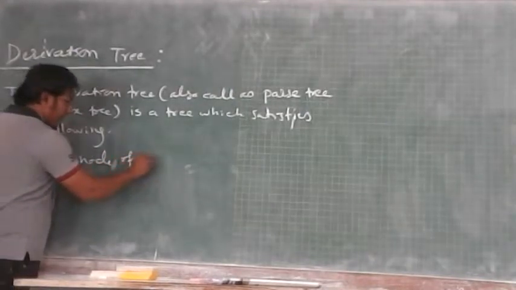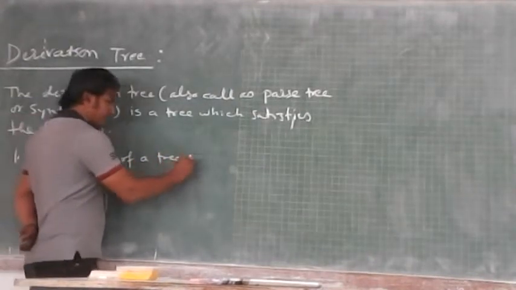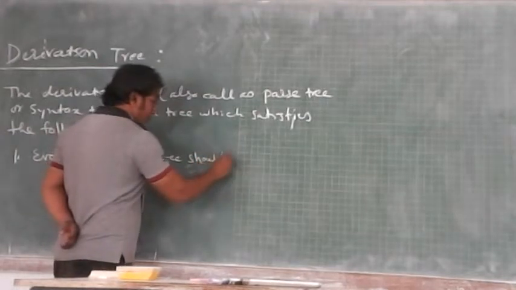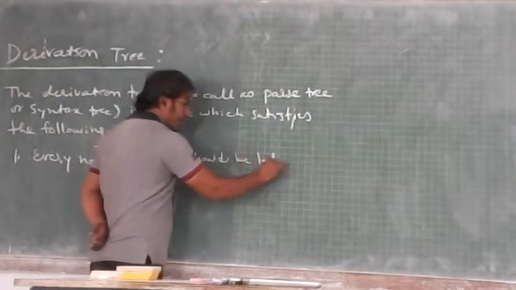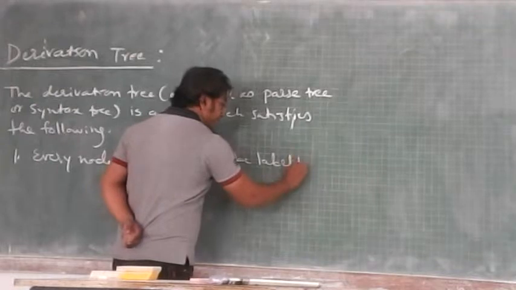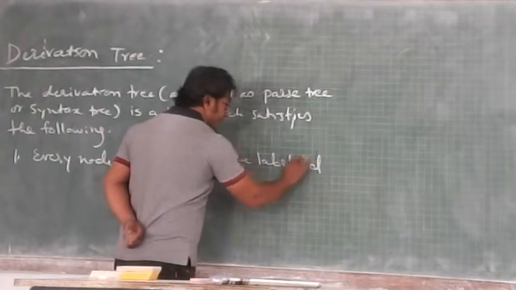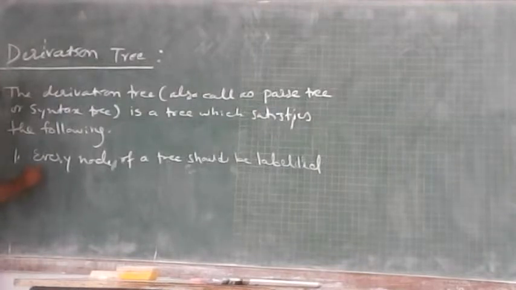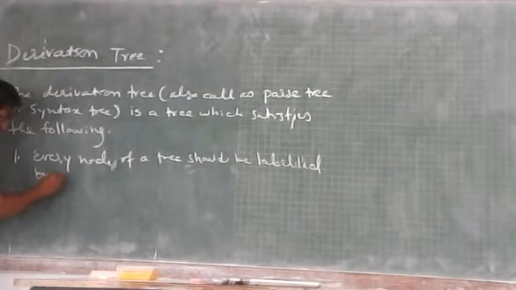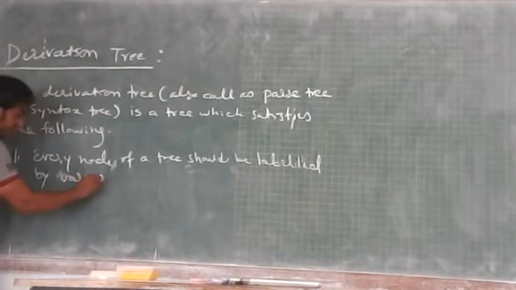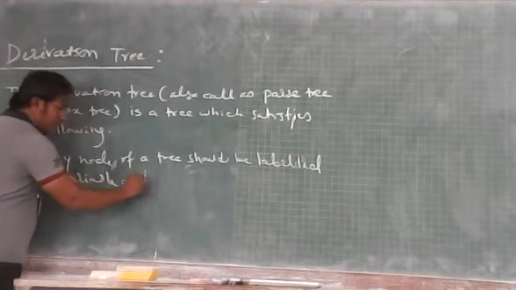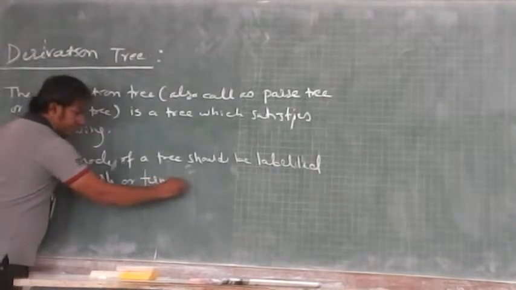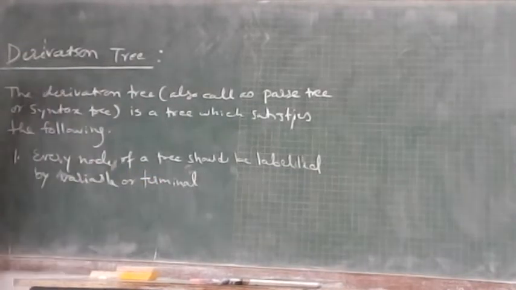Okay? So every node of a tree should be labeled by a variable or terminal. Here variable means non-terminal.